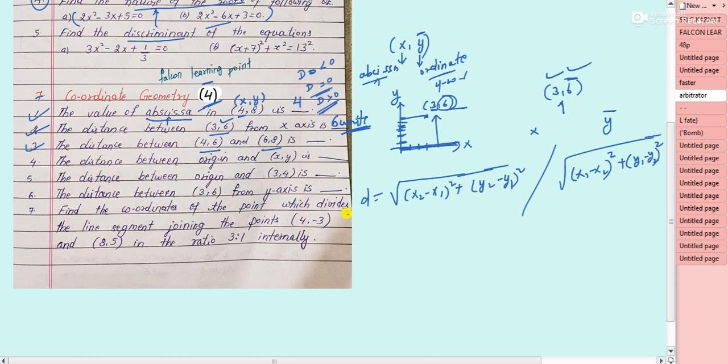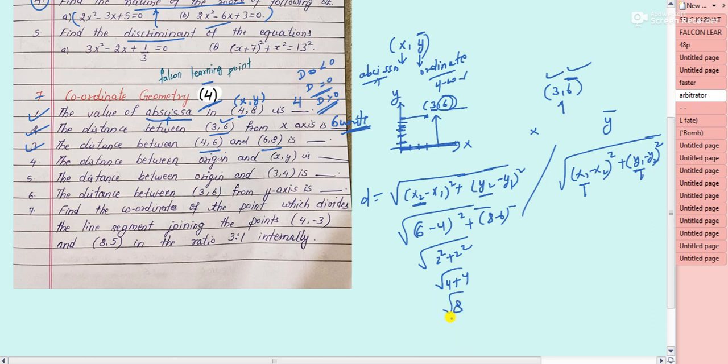Both of them are correct. The thing is, if you are taking x2 here it should be y2. If it is x1, this is y1. Don't write x1 and here y2. Got it? So just substitute. I will write here 6 minus 4 whole square plus 8 minus 6 whole square. So this is 2 square and this is again 2 square. So 4 plus 4, that is root 8.